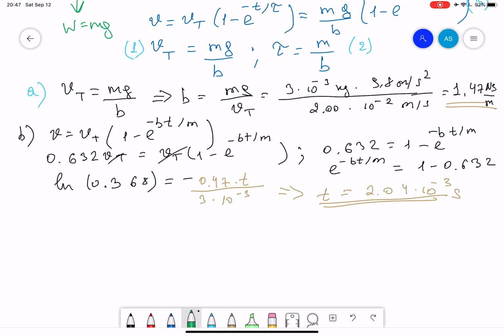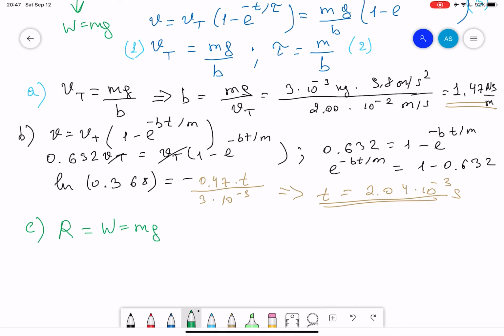Then finally we have to find the resistive force. We know that when the speed reaches the terminal speed, the resistive force is equal to the weight, or equal to mg.